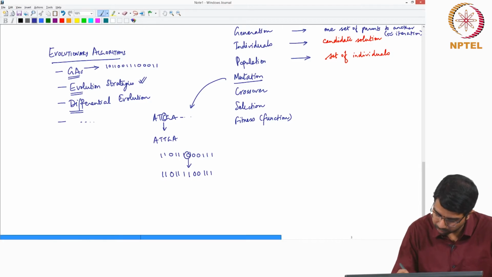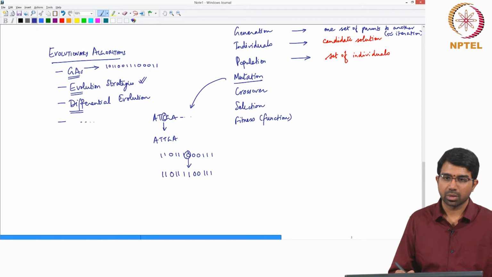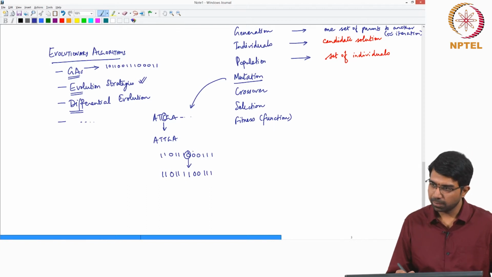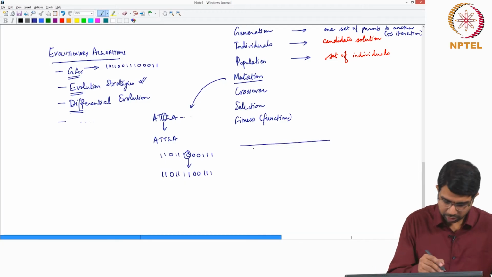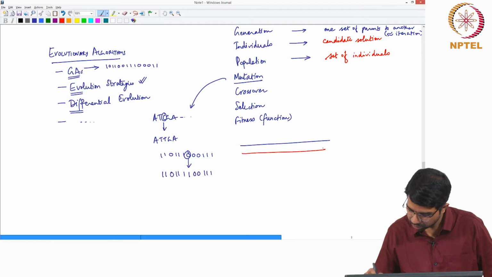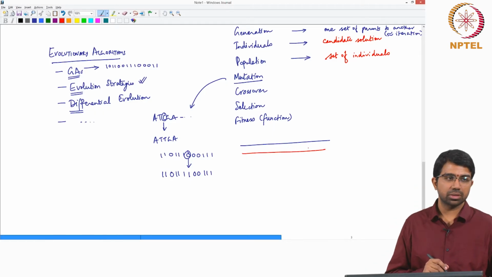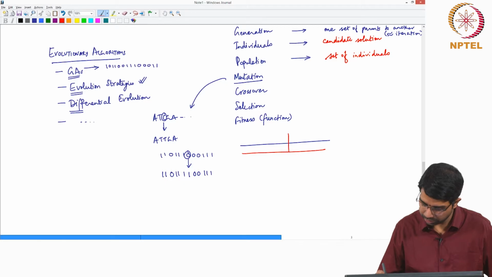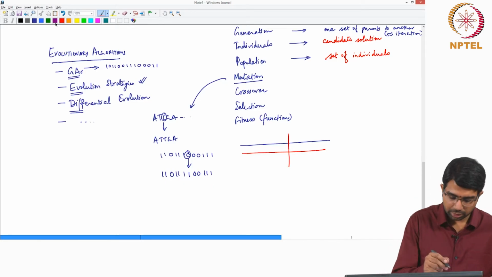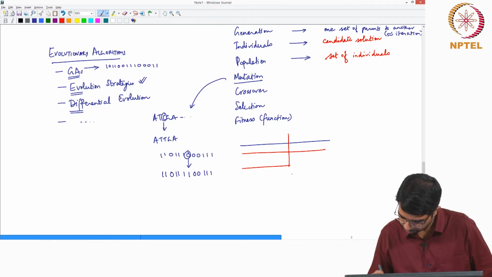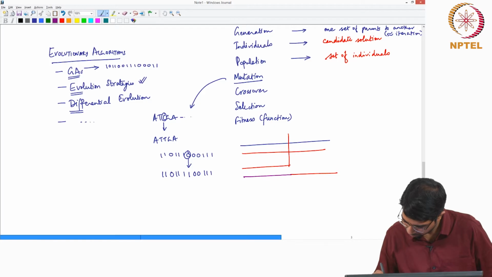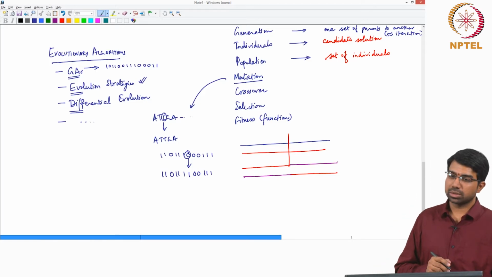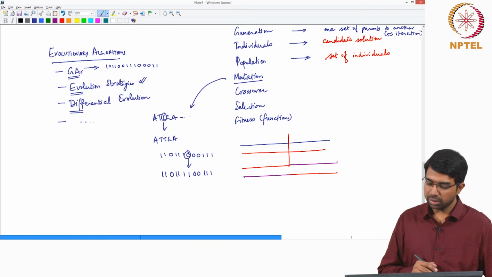So here this one bit is flipped, right, and in crossover you essentially have two stretches of genes, and you choose a point to crossover and then you get two genes that are modified versions of the parents.